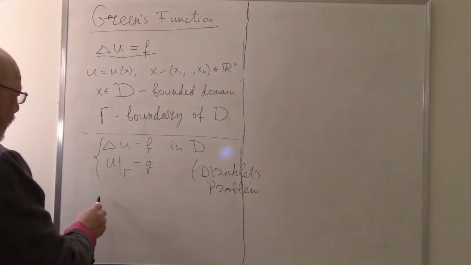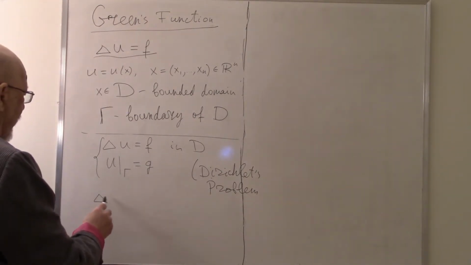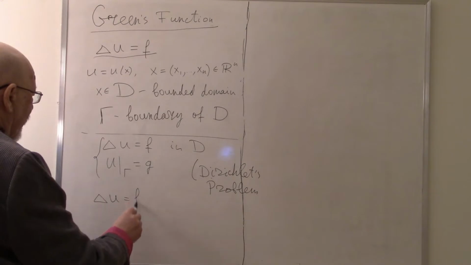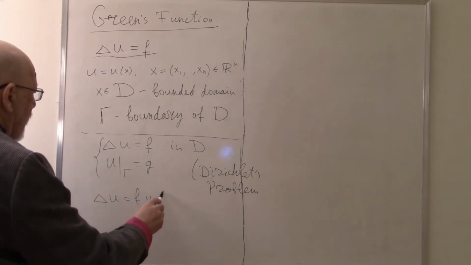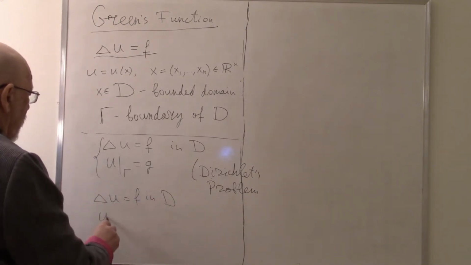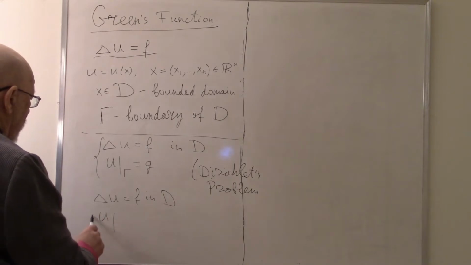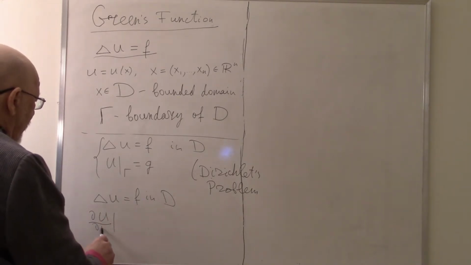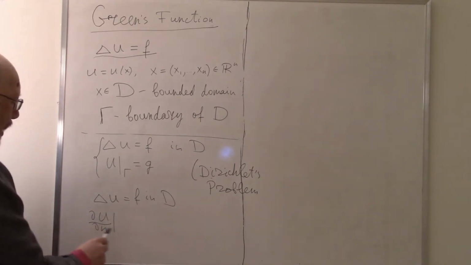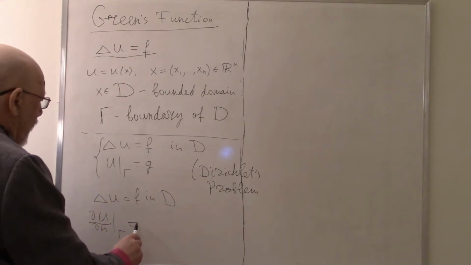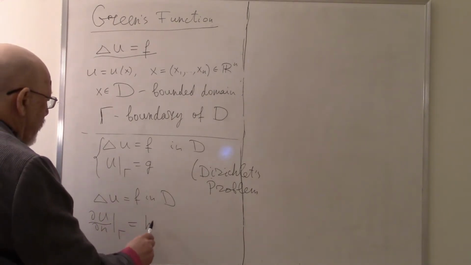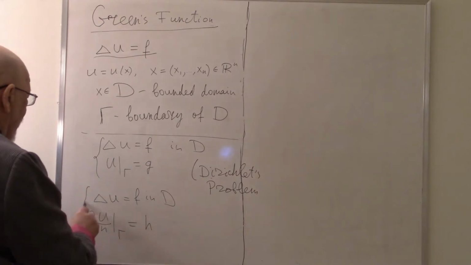Or we can solve again Laplacian u equals f in D, with du/dn on gamma equals, say, h, a given function.